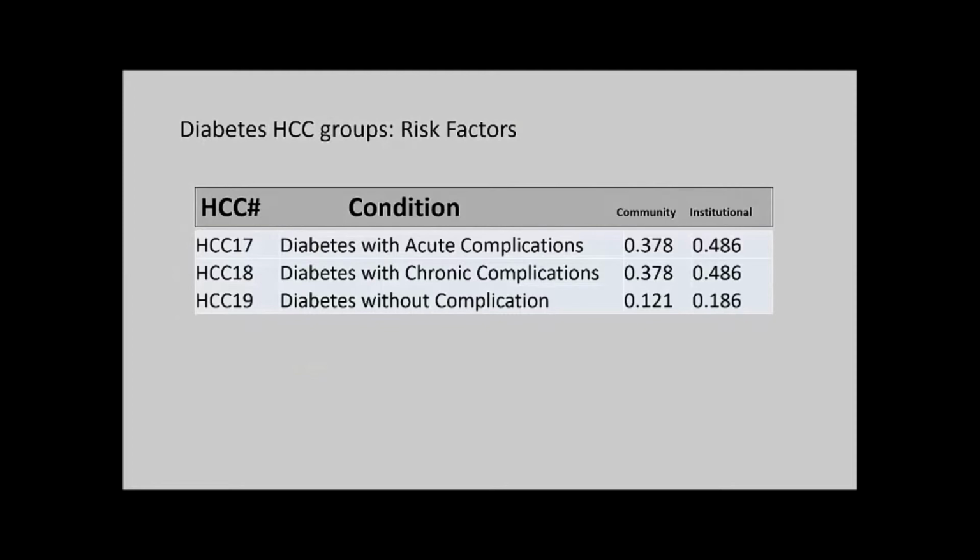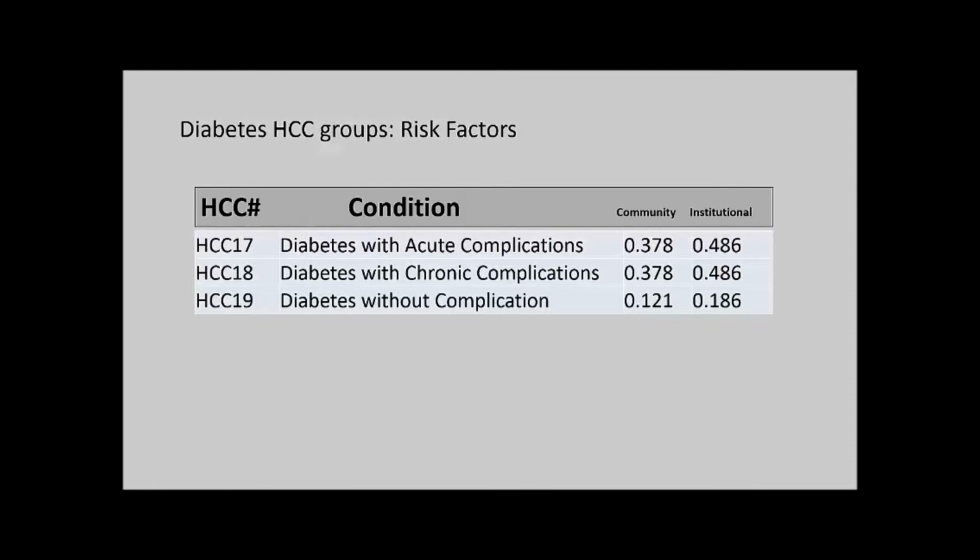Let's take an example. Diabetes is a common diagnosis, and there are 3 HCCs associated with diabetes. Diabetes with acute complications, diabetes with chronic complications, and diabetes without complications.